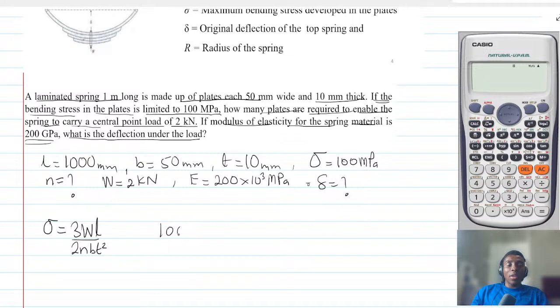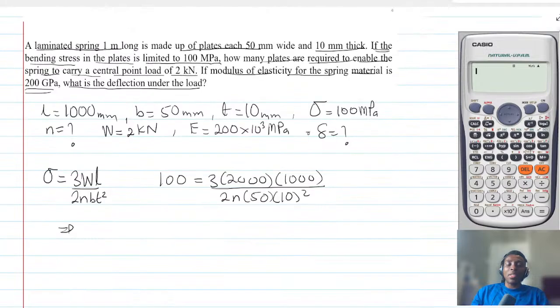The stress was 100, the load is 2000 newtons, the span is 1000, divided by 2 multiplied by the number of plates, the width is 50, the thickness is 10. If you make n the subject, then you get the number of plates.